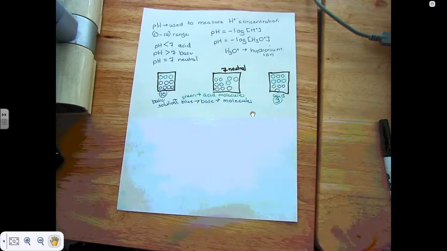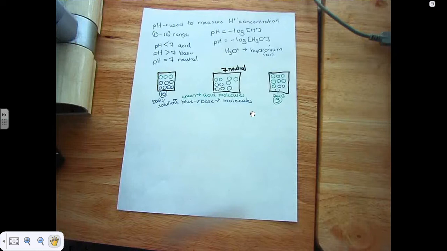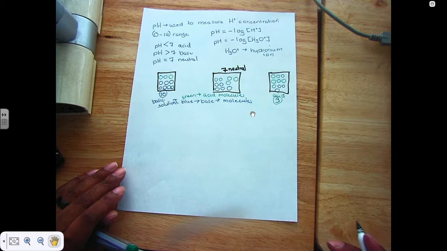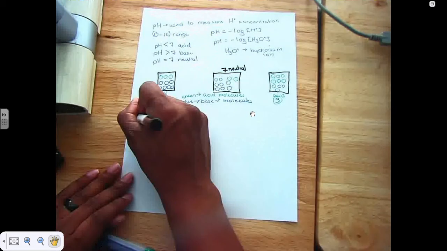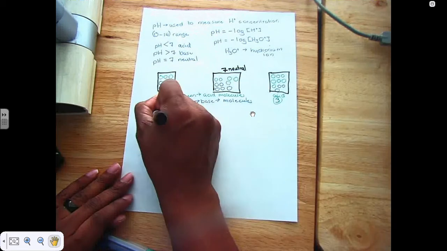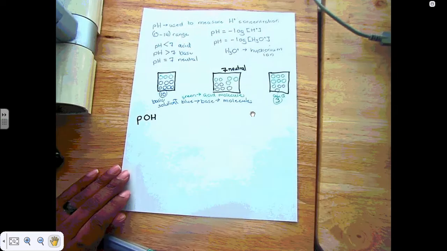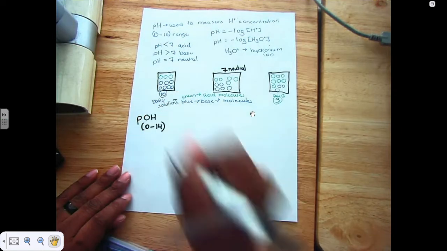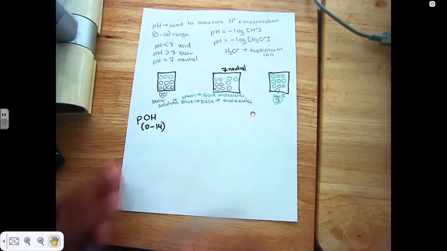And since I'm already talking about that, let me go and start by simply putting this equation on there. I've talked about pH, and I did not mention its counterpart, which is something called pOH. Now pOH also has a range between 0 and 14, but it's the complete opposite of pH.